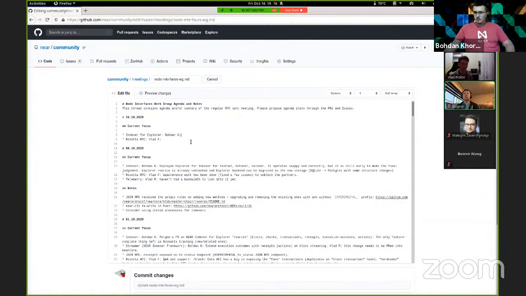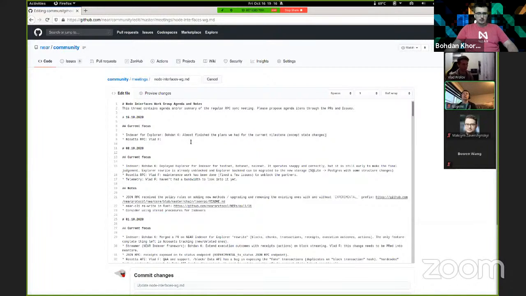Okay, let me think. So for the indexer for Explorer side, it looks like we have almost finished all the plans we had for the current milestone, except the state changes, because we discussed it later today and decided to move it to the next milestone.